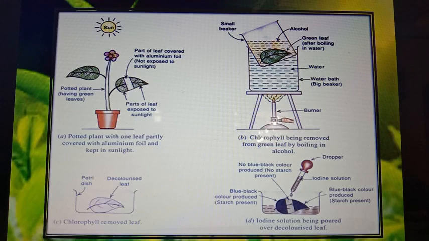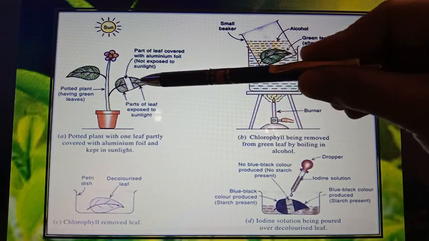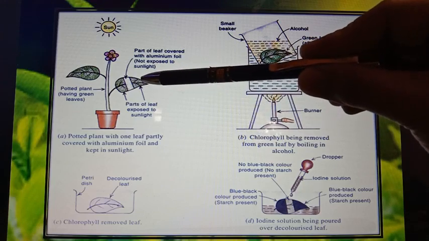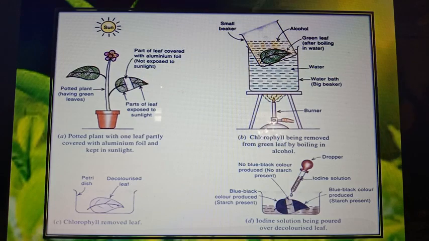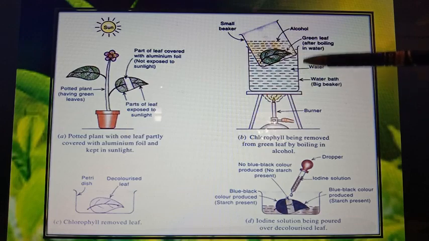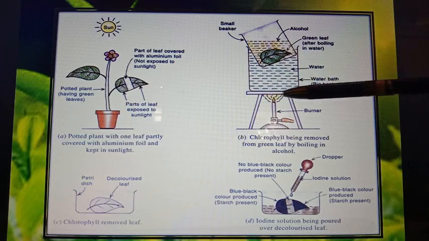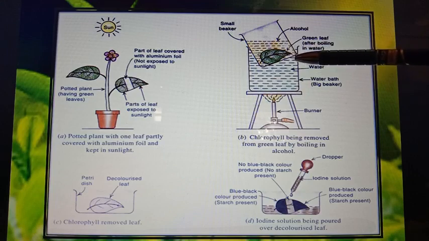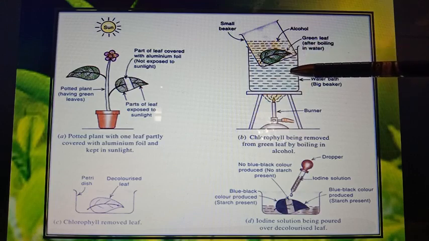Then what you have to do? You have to remove that experimental leaf from the plant and take off the covering, that is the black paper or aluminum foil. Now keep a glass beaker on the stand and put some water in it.